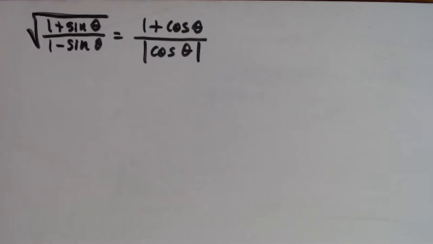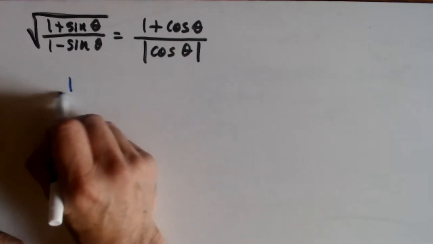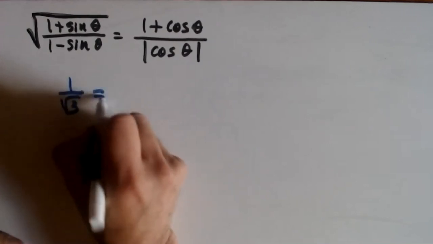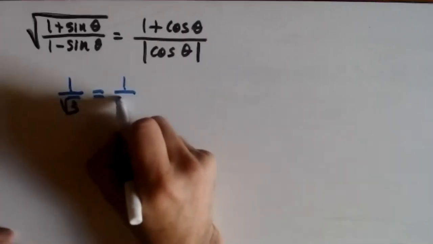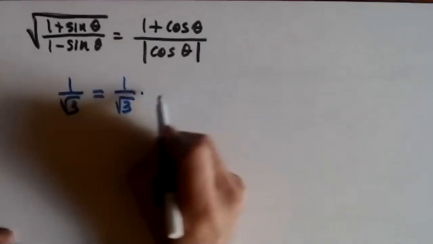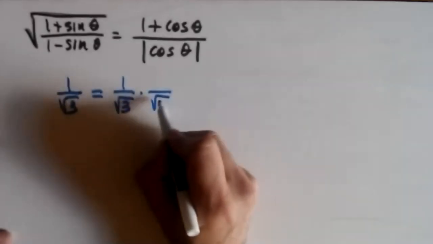Okay, no problem. I want to recall something. Do you remember when you have 1 over the square root of 3, what you have to do? A square root in the denominator was not the standard, so what did you used to do? You took the square root of 3 and then you multiply by 1.